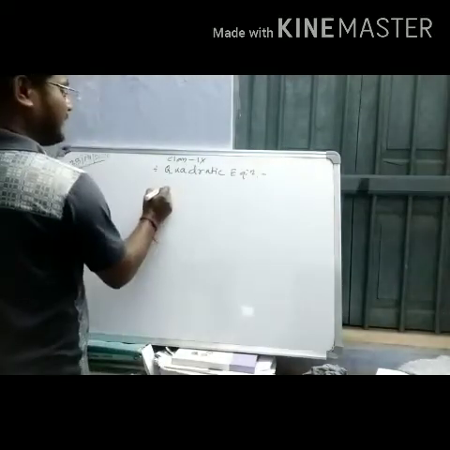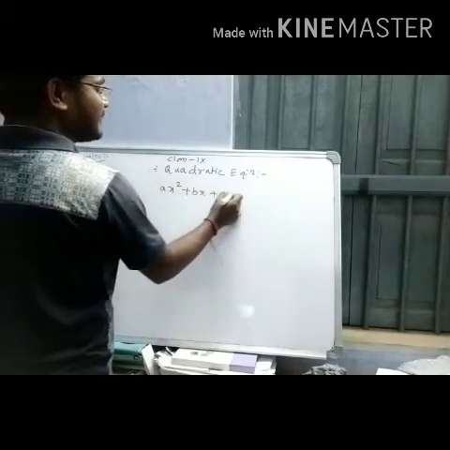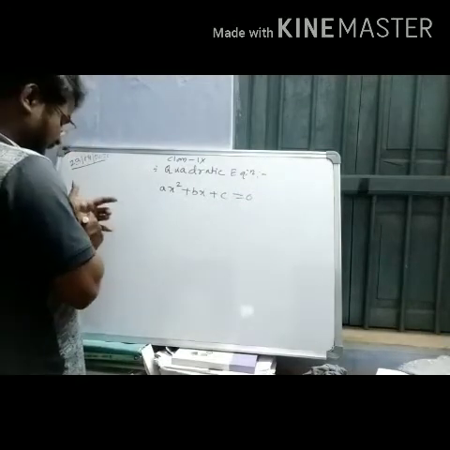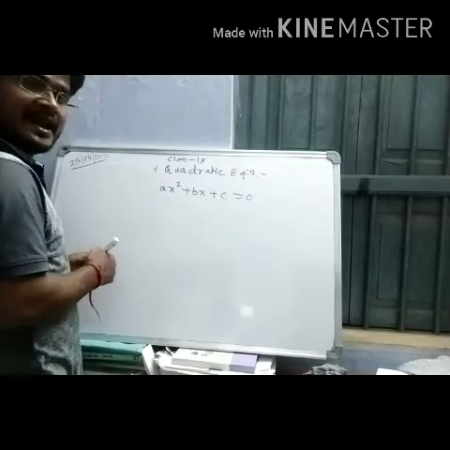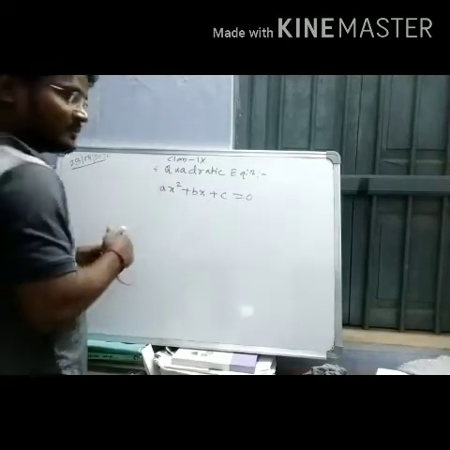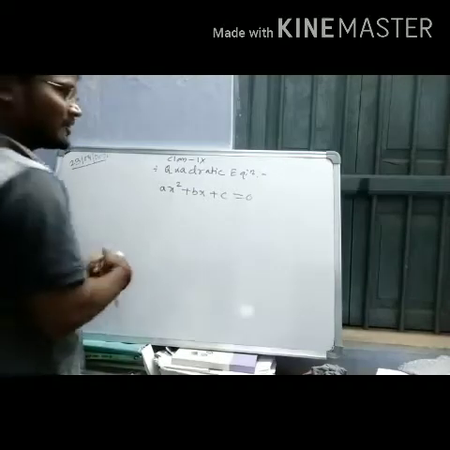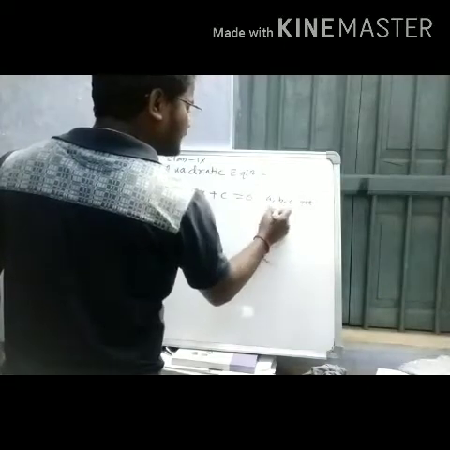Suppose I write here ax square plus bx plus c equals 0. This is an algebraic expression where the variable is x, only one variable. Sir, you will tell, a, b, c are constants. I write here a, b, c are constants.